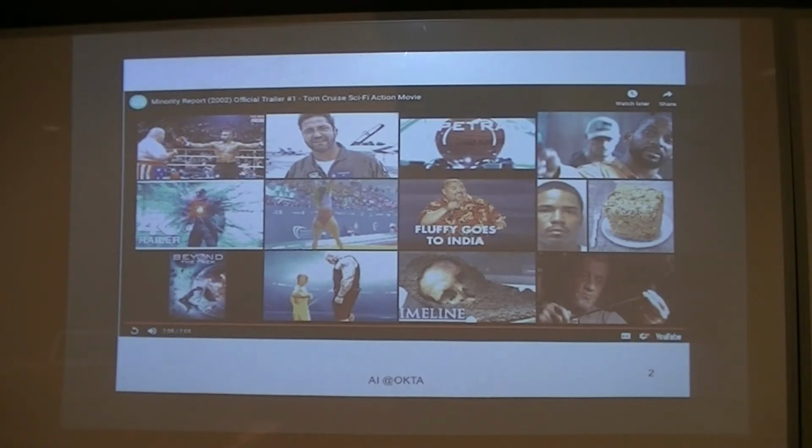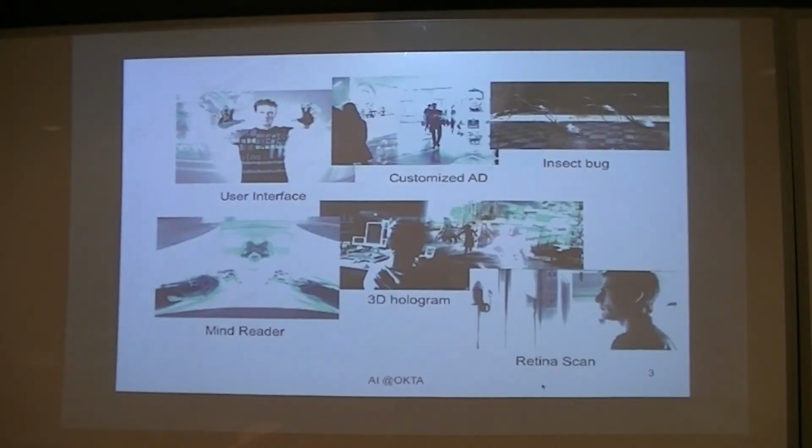So in this class, we'd like to see whether such a future technique is possible or not. This is a quick summary of the techniques introduced in this movie: the user interface, moving things using the hand, customized ads, the insect bug, and the 3D hologram.